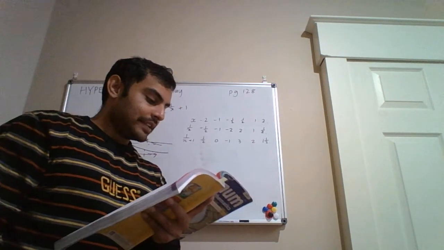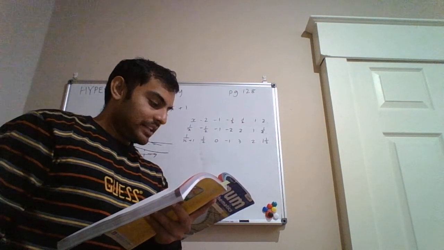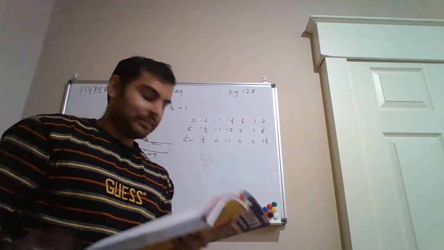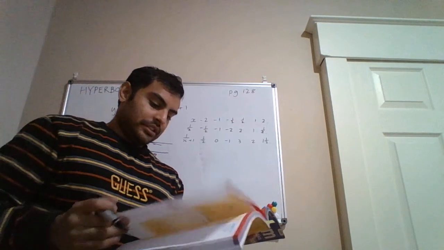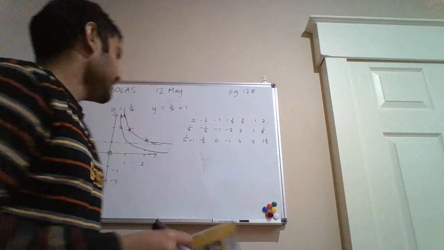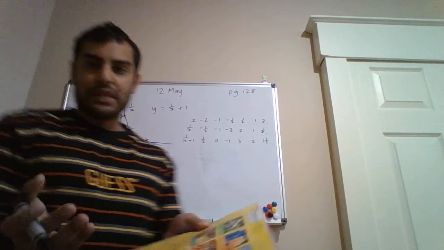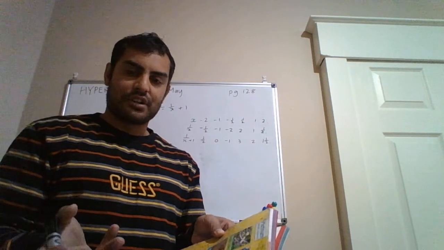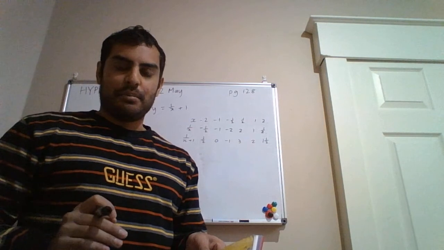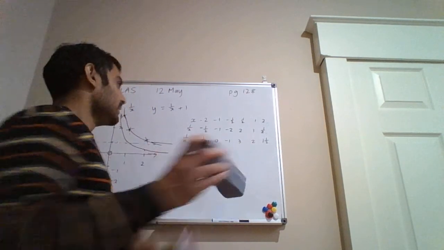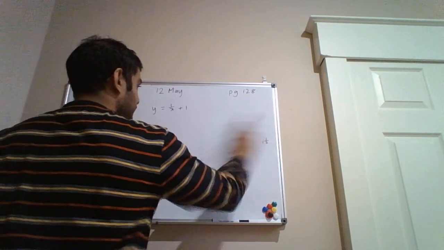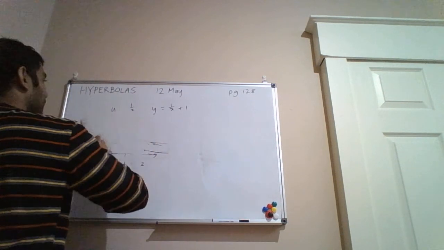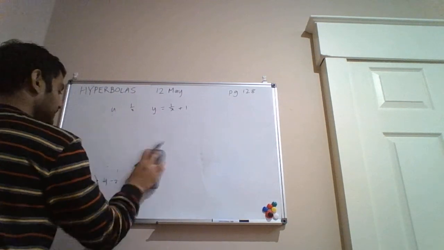Okay, next they talk about axes of symmetry. An axis of symmetry is like where we could fold the paper and one part of the graph would overlap with the other part perfectly. So let's explain that with our original graph, y equals 1 over x.